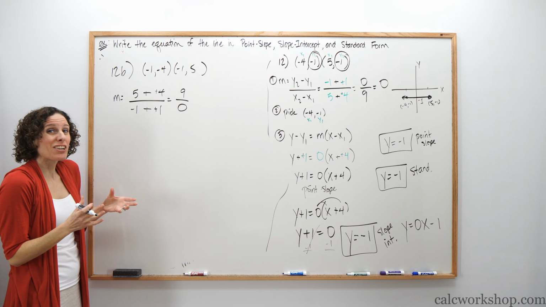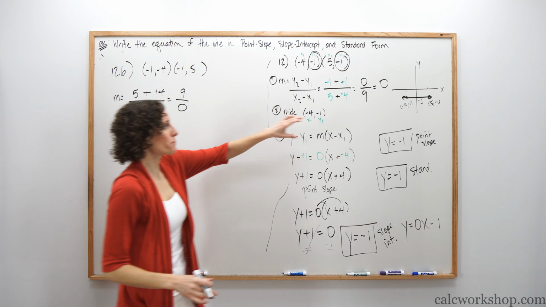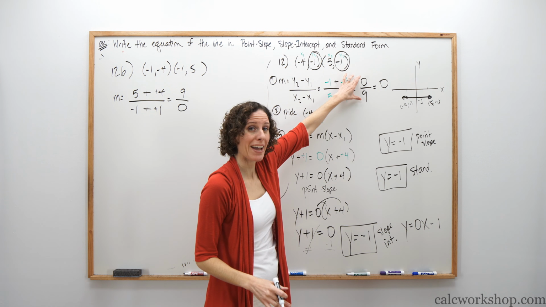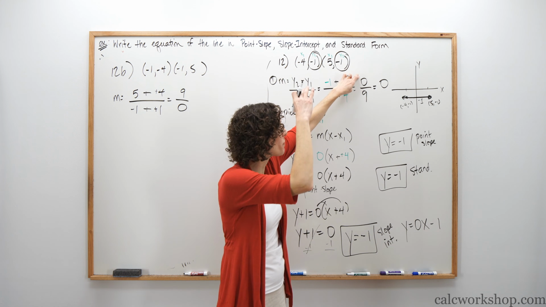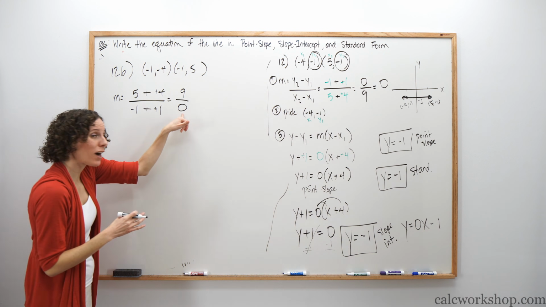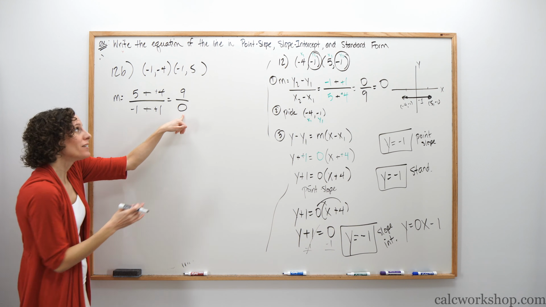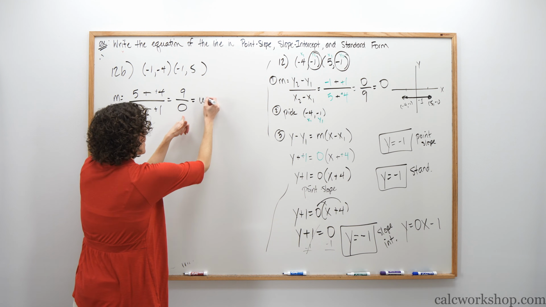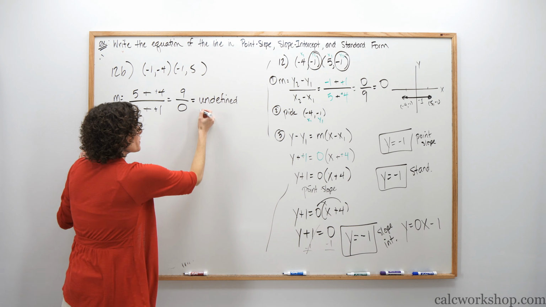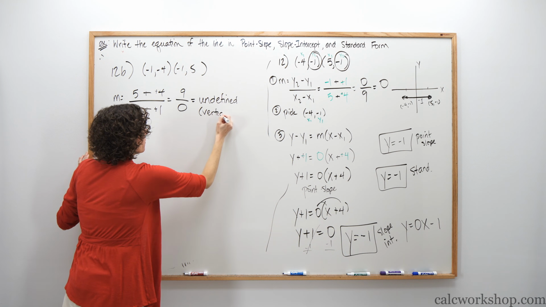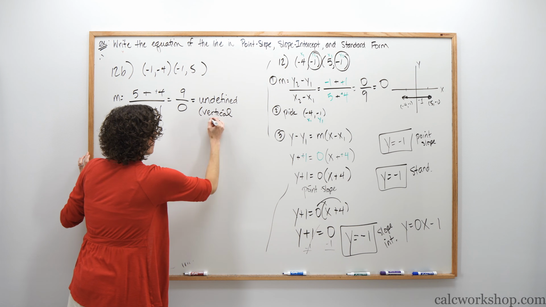So we're changing things a bit. Now over here, 0 on the top is okay. You can be an airhead, up high, nothing up top, but you cannot walk on air. You can't walk on nothing, which means this is undefined, which means we have a vertical line.